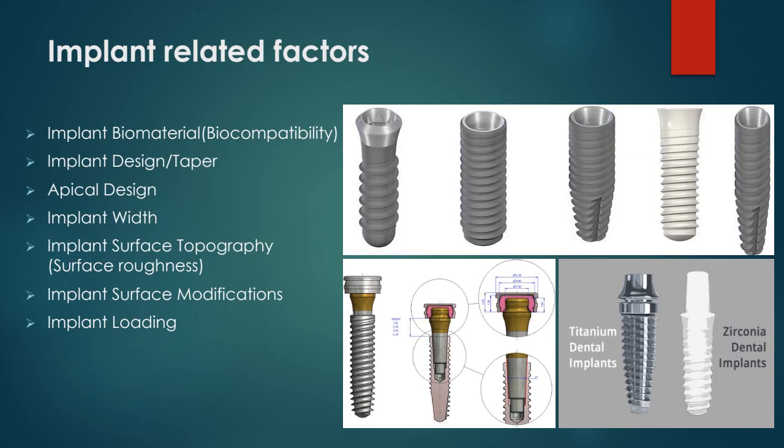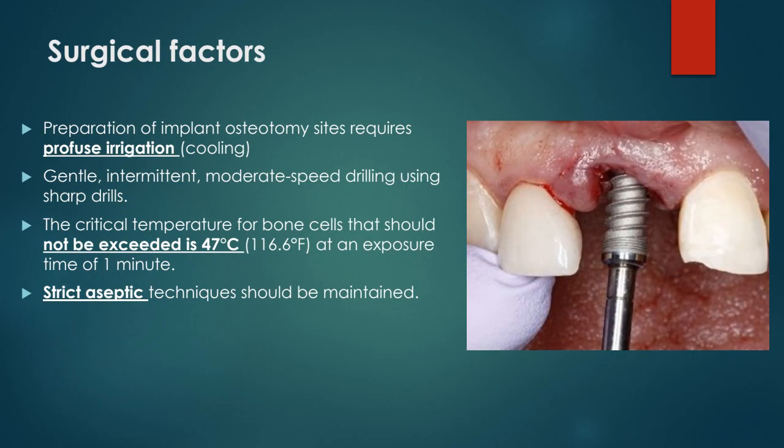Implant factors, as we said: the shape of the implant makes a difference, the size of the implant, the apical design. Tapered implants are nice in immediate implants because they act like a wedge. So we choose the type of implant based on the necessity and the need and the location of the missing tooth itself.